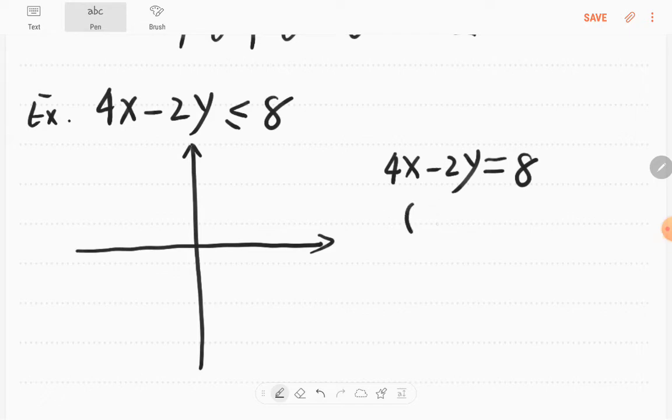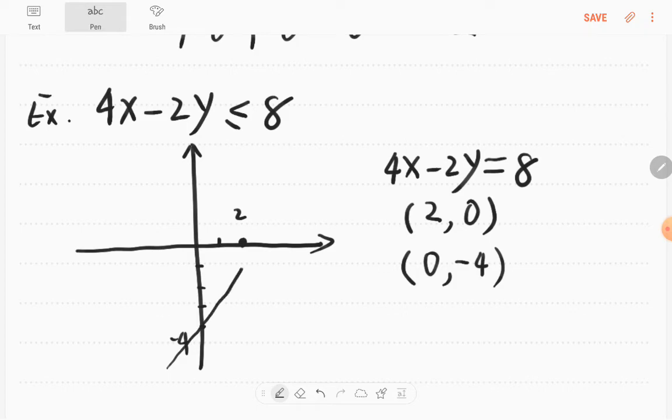So for the x-intercept, y equals 0, x equals 2, right? Or x equals 0, y equals negative 4. So this is the graph. This is negative 4. This is 2, right? So we connect these 2 points.